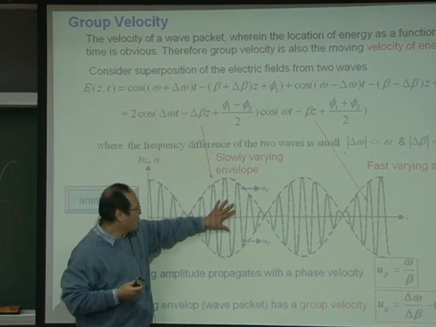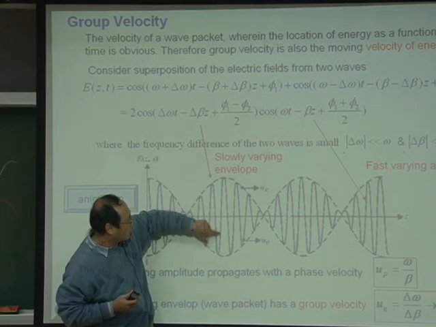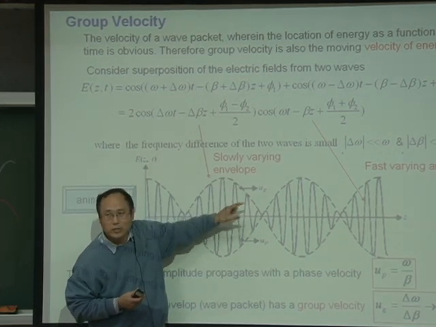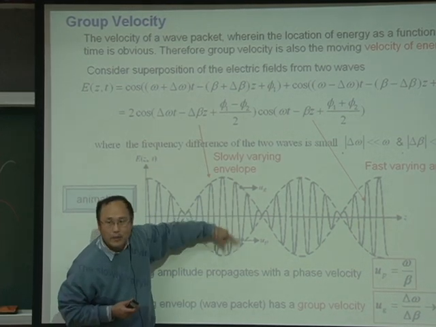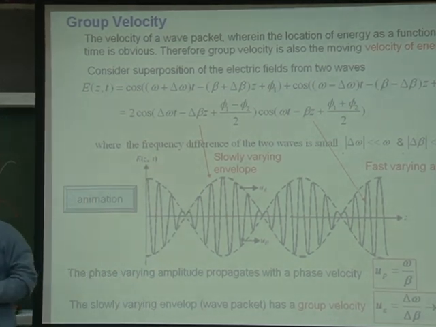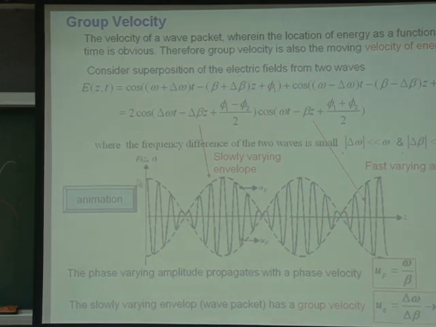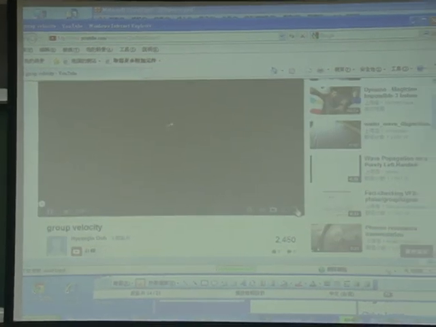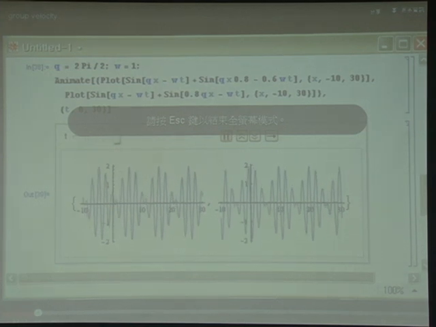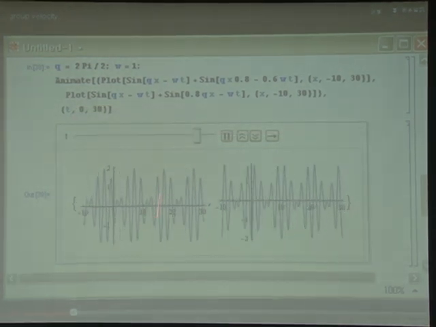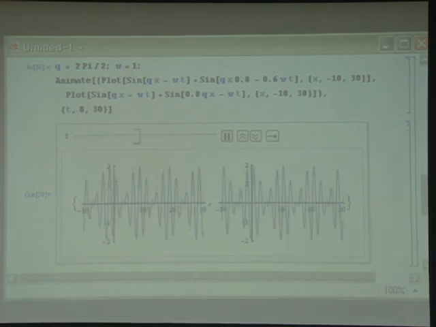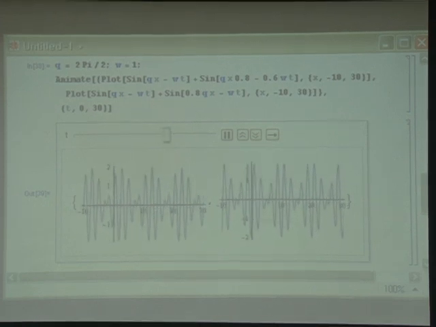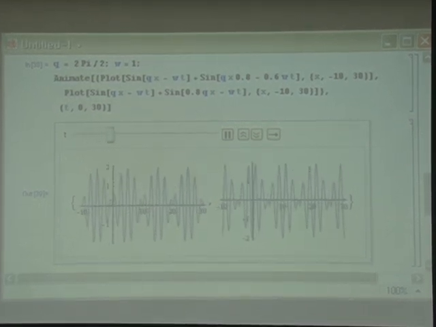But if the phase velocity of the field is different from the group velocity, the envelope velocity, you will see the amplitude move up and down inside the envelope. That's why we have this animation, and why you see the field moving up and down inside the wave packet: the two velocities are different.